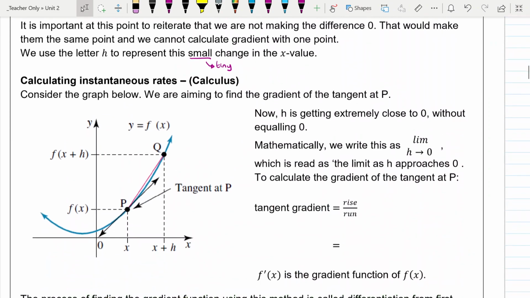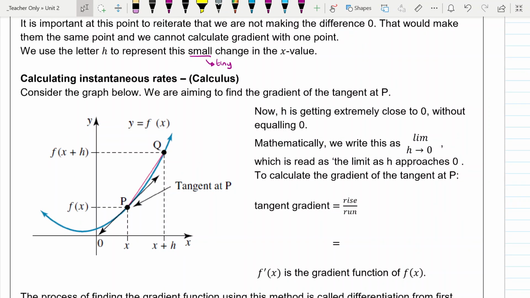So let's have a look at how that works. This picture over here, we're actually looking under a microscope. That's how small our change, or the length of our chord, is.